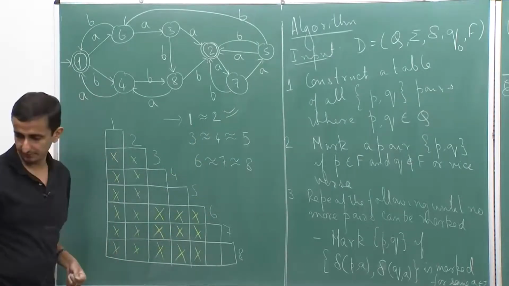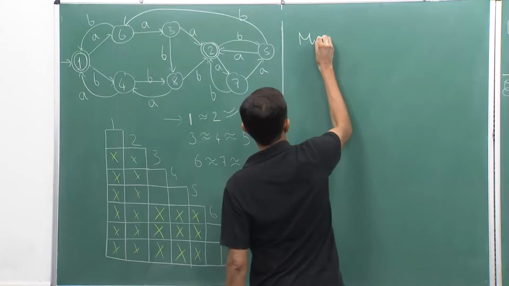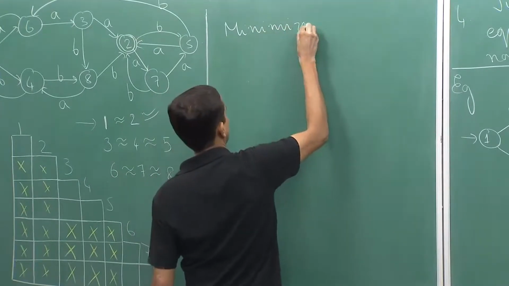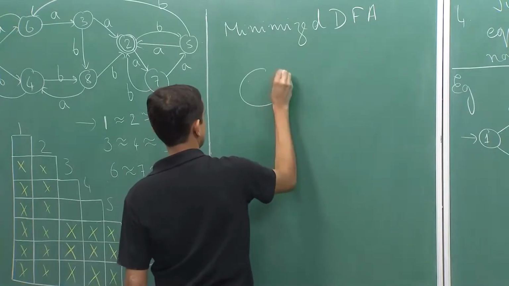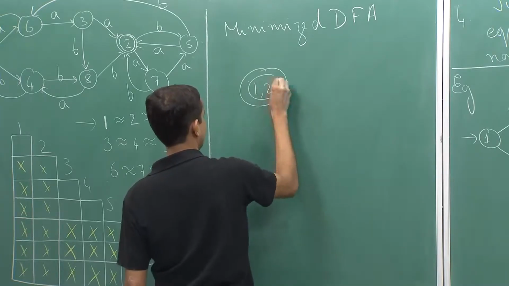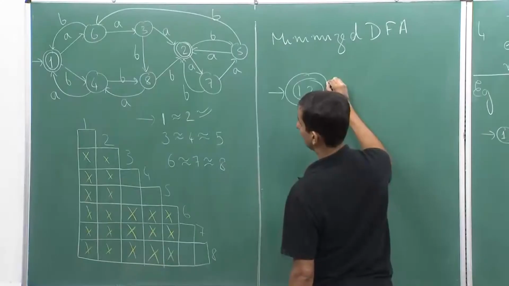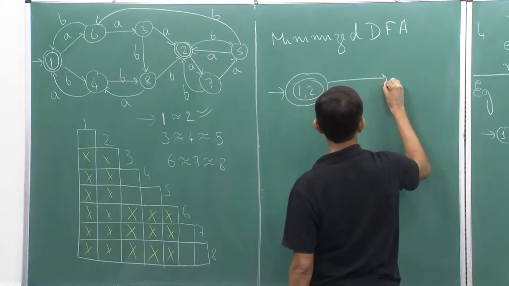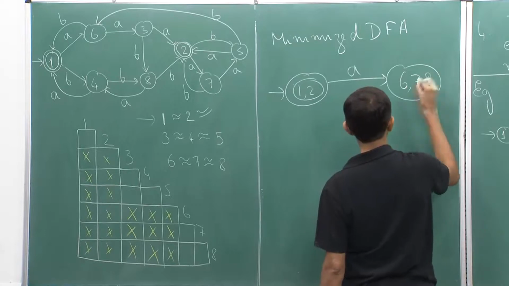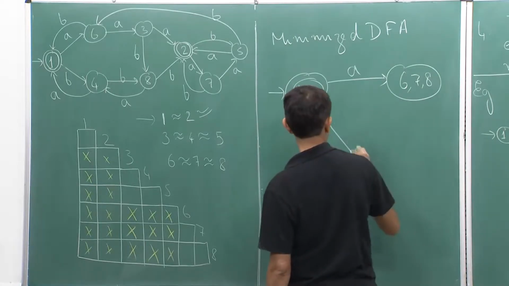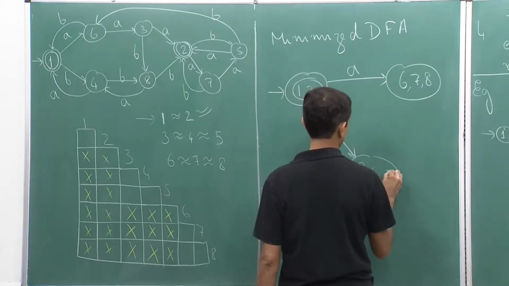So, let me draw the DFA. Minimized DFA will look like this. So, we have (1, 2), which is my start and accept state. On a, I go to (6, 7, 8), and on b, I go to (3, 4, 5).